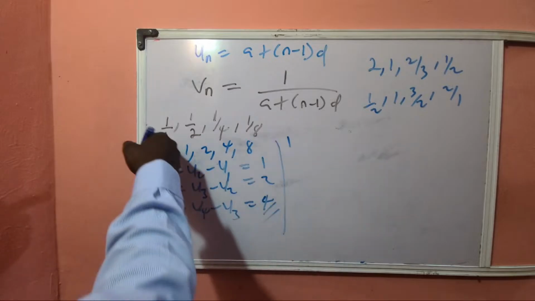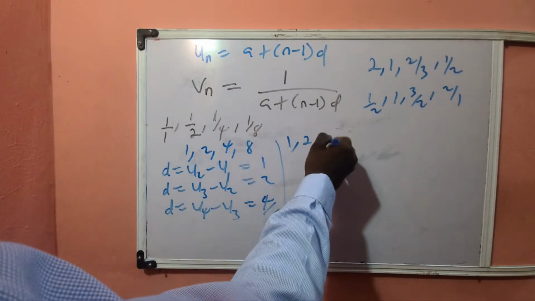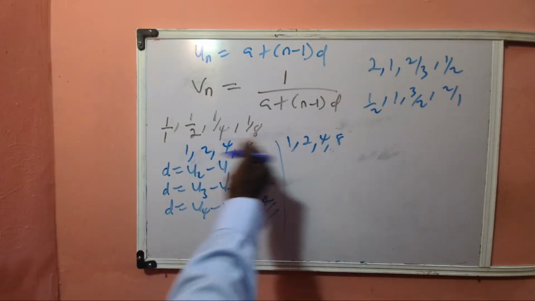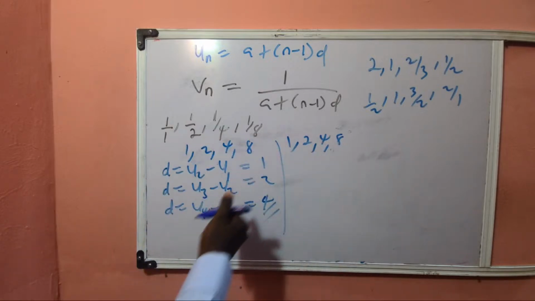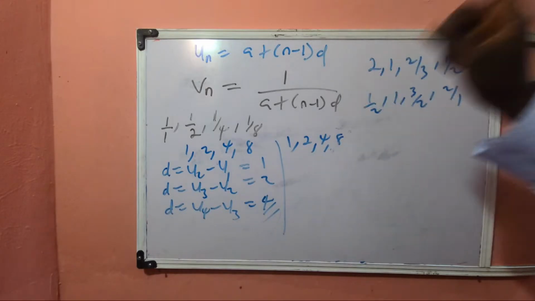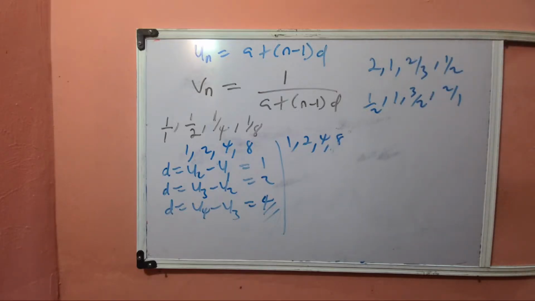This would be 1 over 1, this would be 2 over 1, that's 2, this would be 4 over 1, that's 4, this would be 8. If you use this, you will see that it will not give you a harmonic sequence. But if you looked at this and tried to use your 1 over to do this, you'd be wrong. What you needed to do was the reciprocal. Guys, I want you to really pay attention to this.